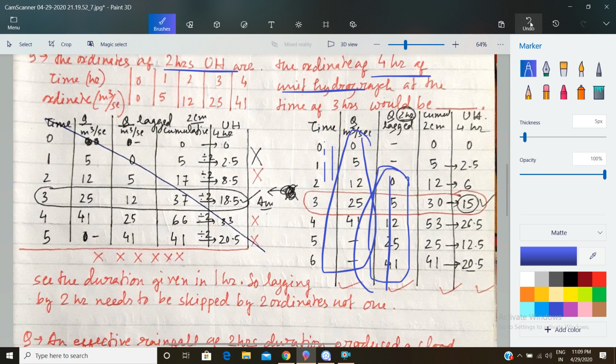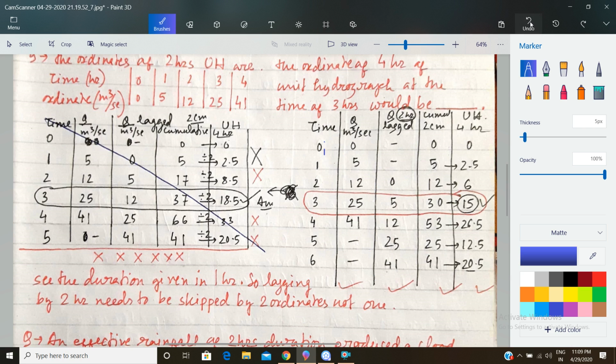See, from 0 to 1 hour, after that 1 to 2 hour, the ordinates repeated. See 0 here, then 5 here, then 12 here, then 25 here, then 41 here.